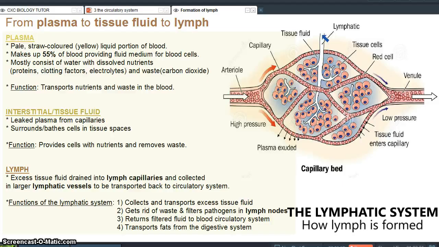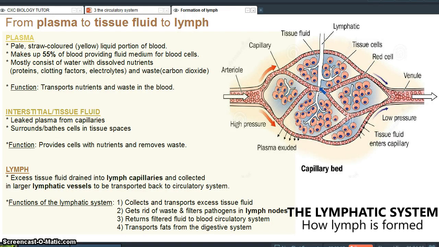This white structure here represents the lymphatic vessels. Once all the nutrients have been transported into the cells, any excess fluid remaining behind needs to drain back into the lymphatic vessels.